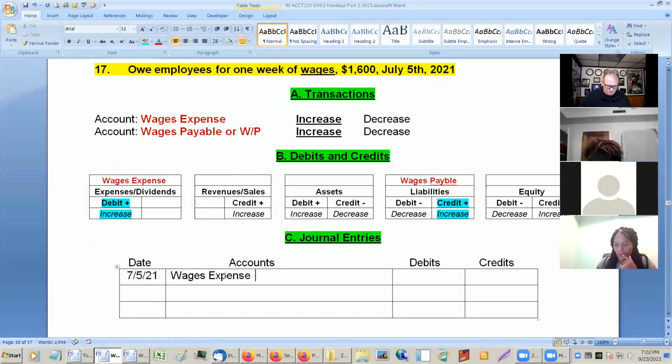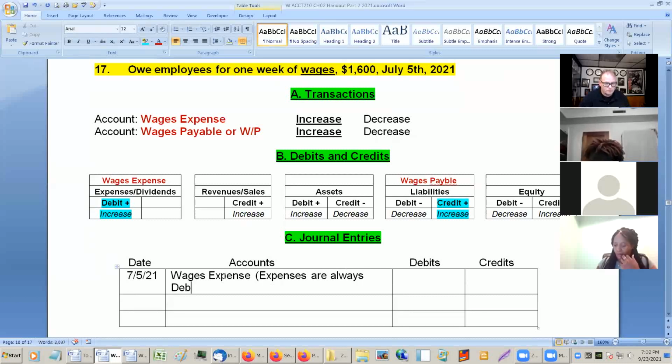Wage expense. And again, expenses are always debit. So no matter what the expense is, it's a debit. And the other side is what, wages payable or WP.